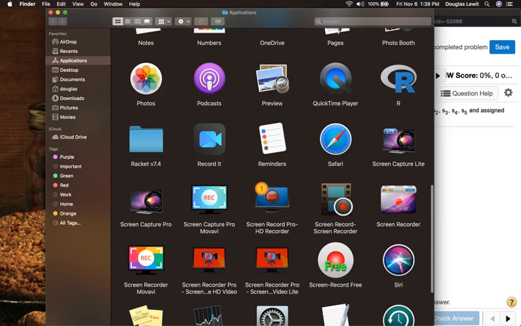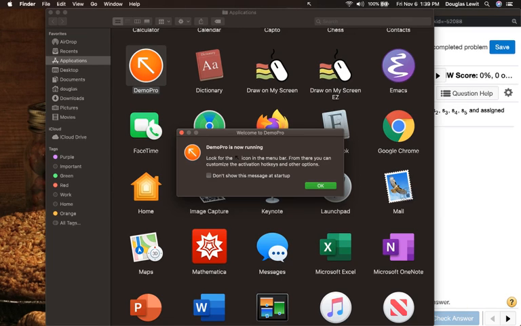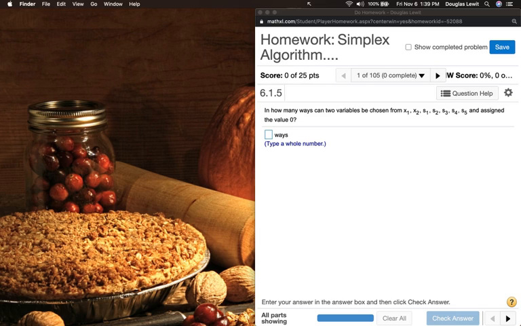Let me just get my drawing tool ready. For example, what they're talking about is something like this. x1 could be 0, and s4 could be 0, or s1 could be 0, and x2 could be 0.